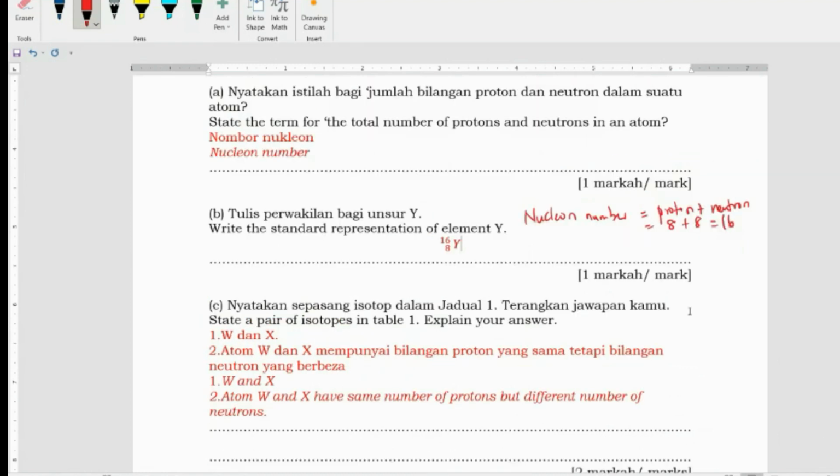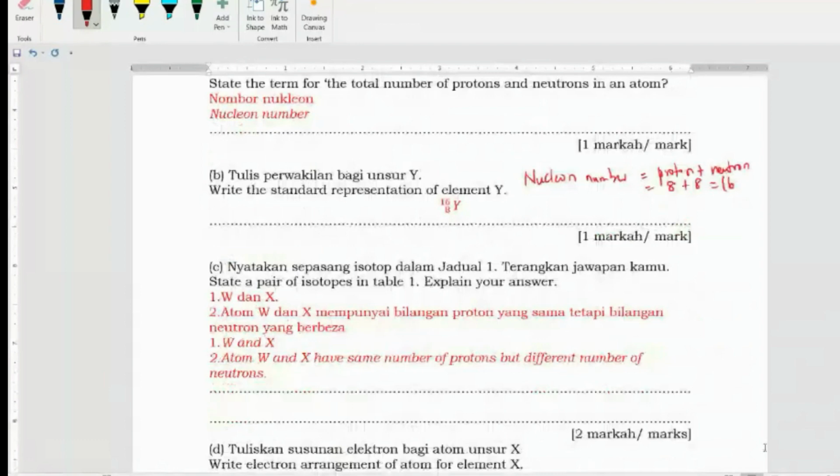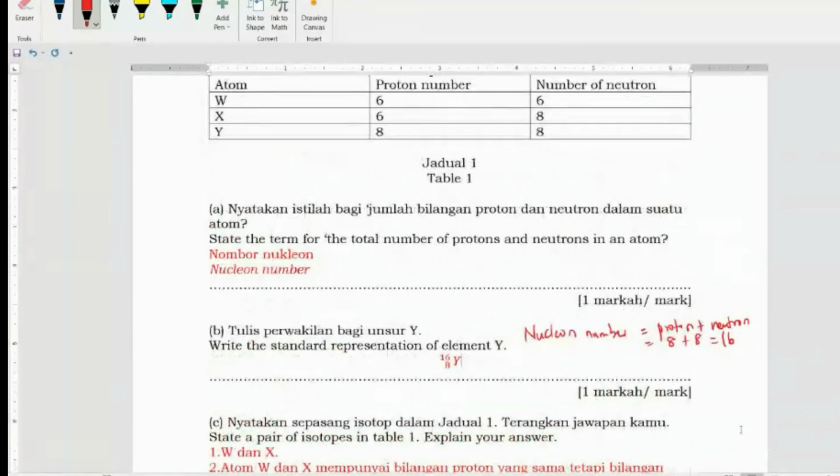Okay, let's see. X is here, right? So proton is 6 only. So first shell, you put 2, correct. So remaining how many? 4, right?